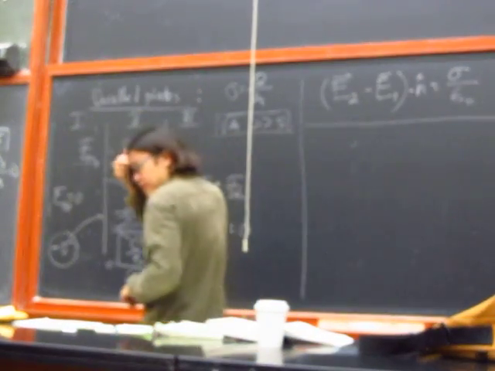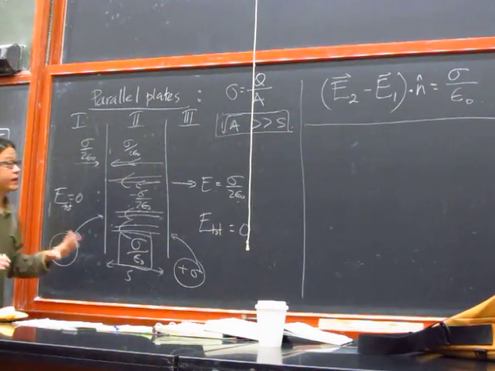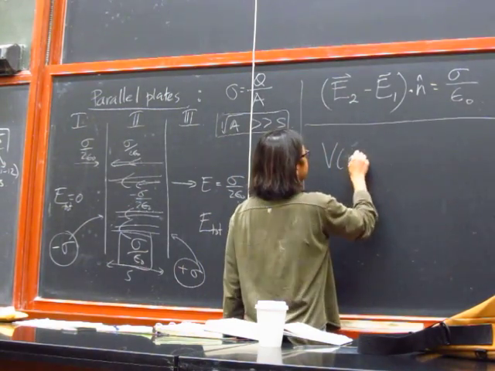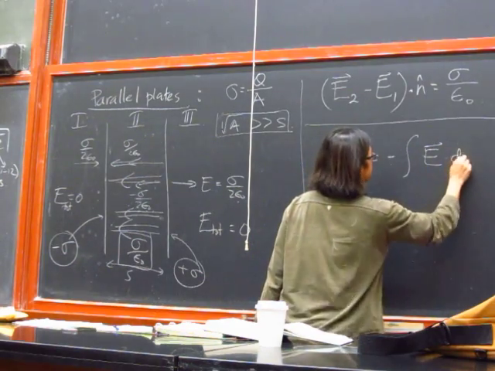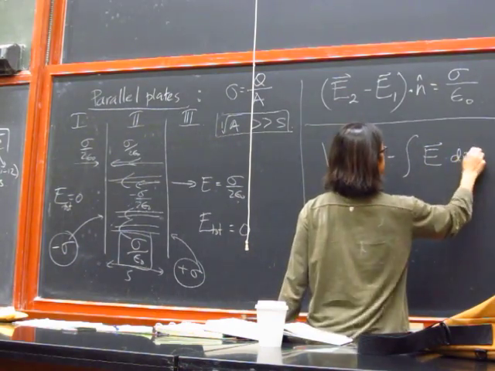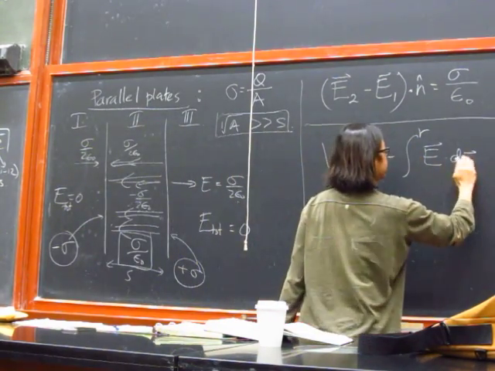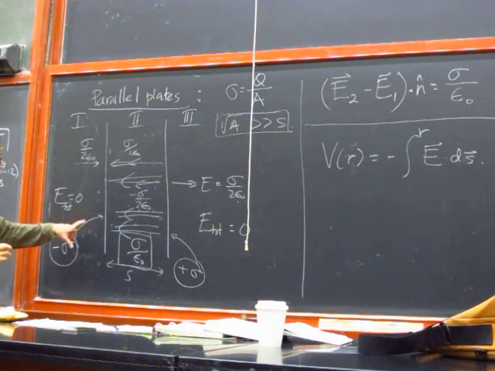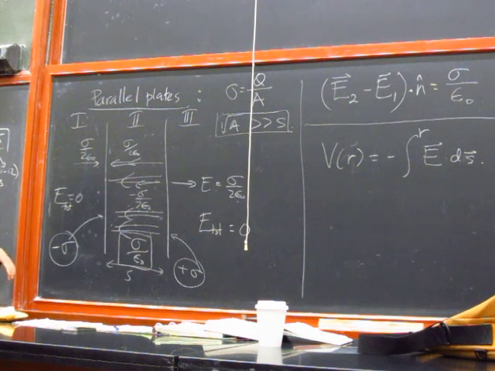Now I want to find the potential everywhere. The potential is given by the integral of minus E. You have to choose your reference nicely so that the problem is simplified.